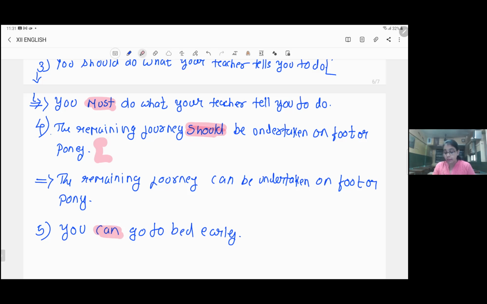Now, write it in the bracket: change it, or you can write, replace the modal auxiliary using should, suggestion.